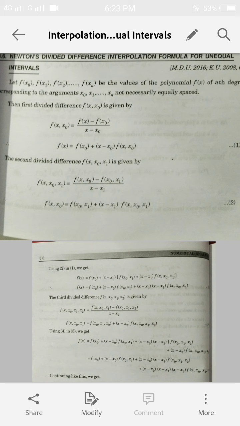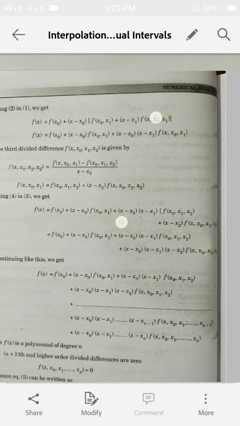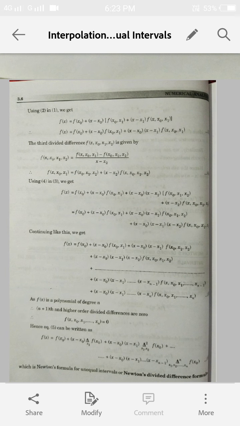Now from equation 2, we find the value of function at x, x0. Now use this value in equation 1. Now we find the expression as f of x is equal to f of x0 plus x minus x0 into f of x0, x1 plus x minus x1 into f of x, x0 and x1.